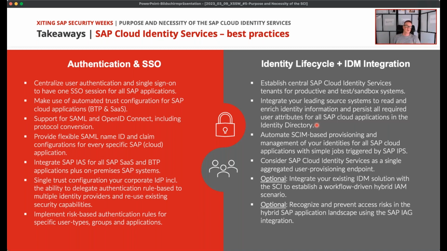The idea is really to first centralize it, to have some central tenants set up to manage the trust correctly, and then to get started with your identity lifecycle setup, with the attributes that we require, connecting all your systems and so on. Those are the best practices outlined here that we really recommend.